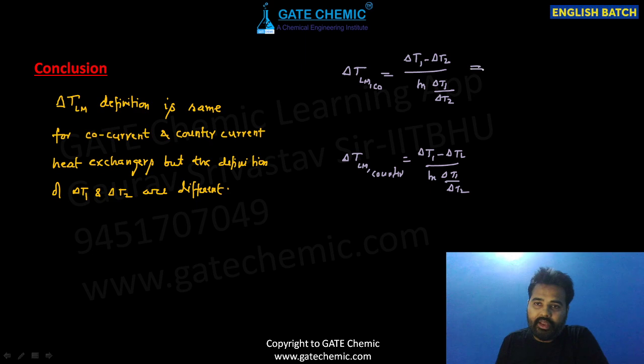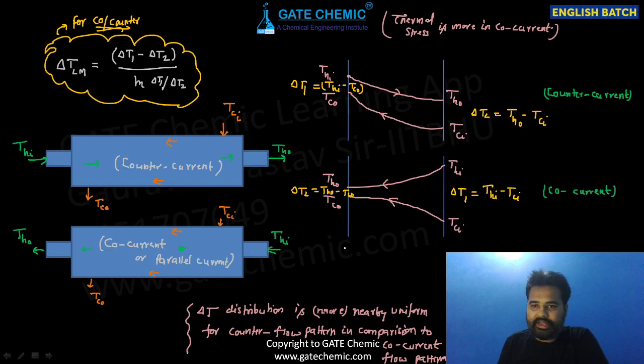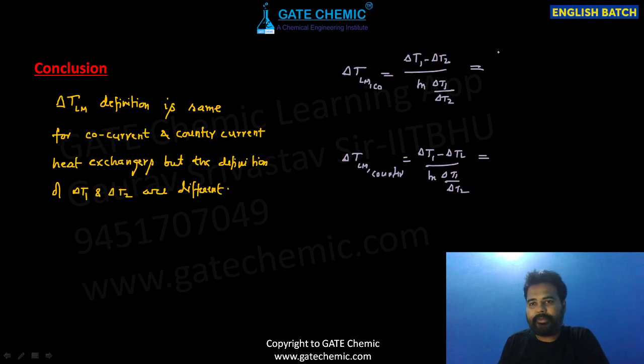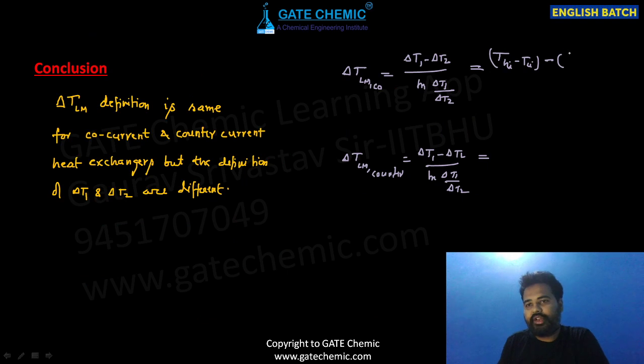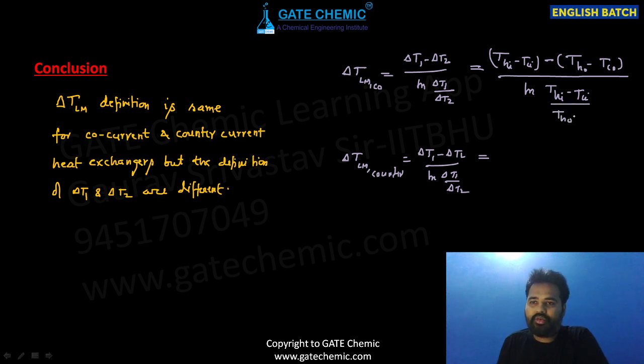But now here delta T1 is what? See, in co-current it is THI minus TCI, and delta T2 is TH naught minus TC naught. So this is TH naught minus TC naught, and whole upon ln of THI minus TCI upon TH naught minus TC naught.